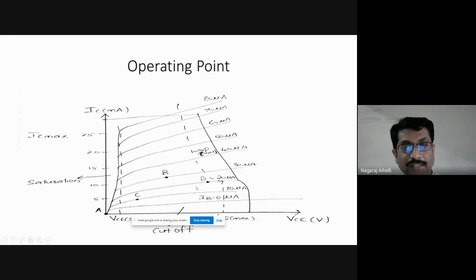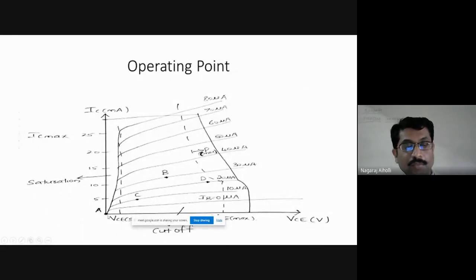Let us consider the characteristic curves in detail. Here, there are different operating points shown. You can see the various operating points, that is A, C, B, D. These are the various operating points obtained on the characteristic curve of the collector current versus collector to emitter voltage.